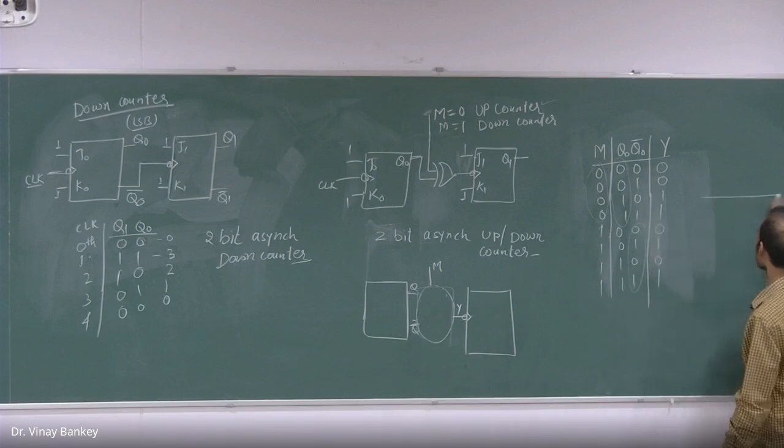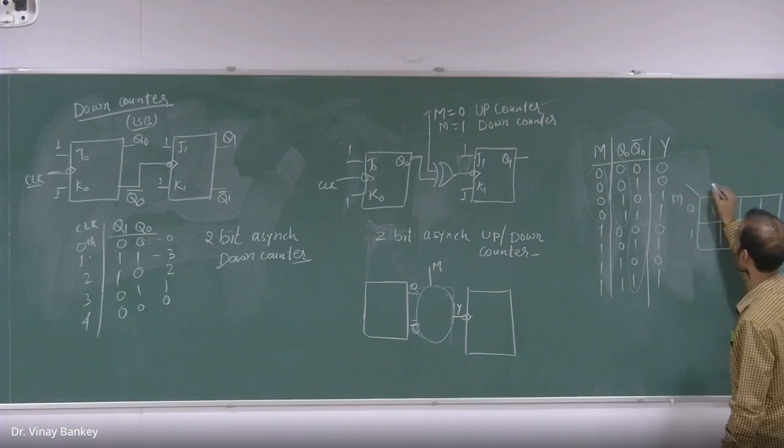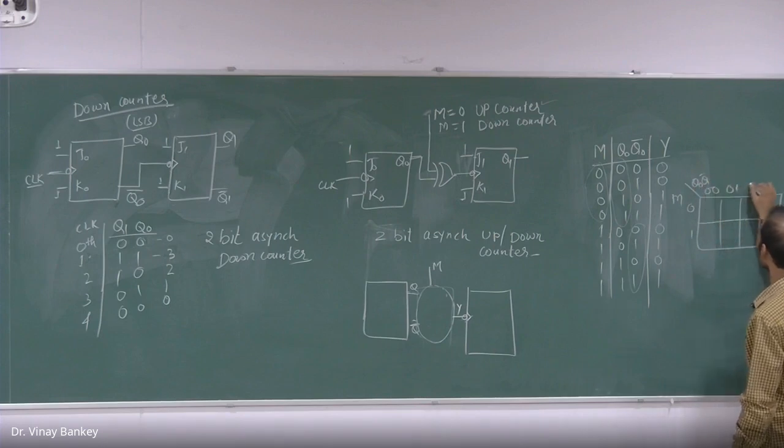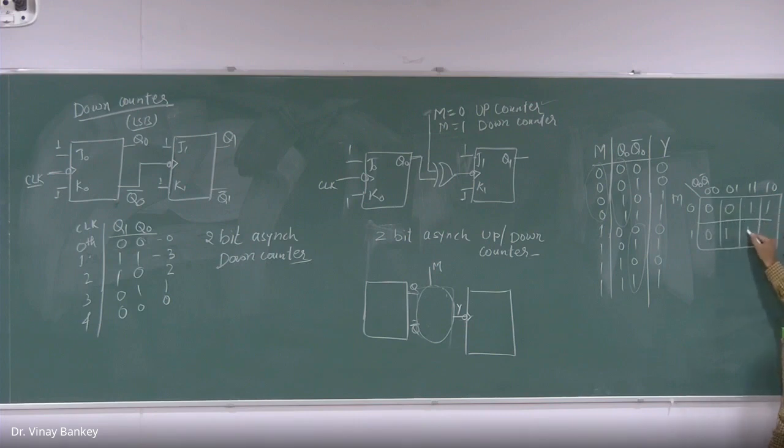Now write a K-map. It will have 8 cells as 3 variables: 0, 0, 0, 1, 1, 0, and 1, 1. So how will you group this?